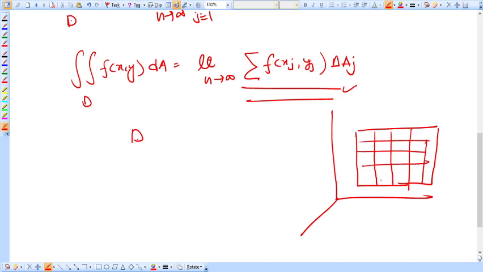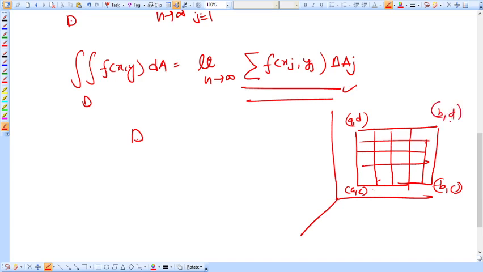This point of the rectangle is (a, c), this point would be (b, c), and this would be (b, d).